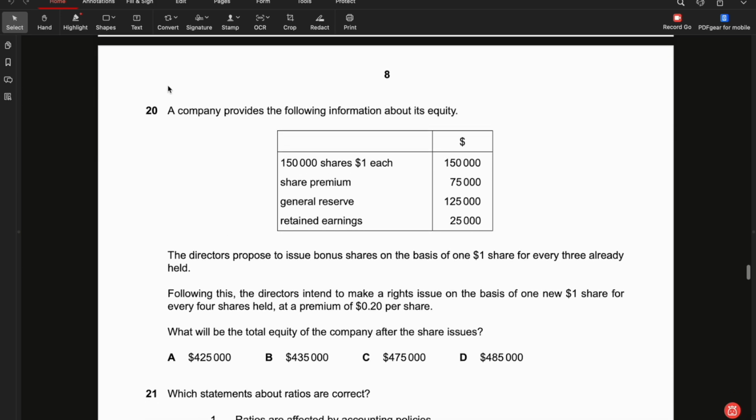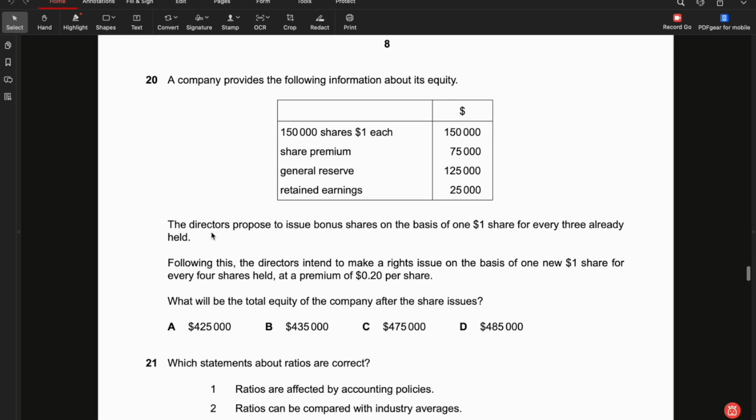And the last question for today. A company provided the following information about its equity: 150,000 shares of $1 each, $150,000. Share premium 75,000, general reserve 125,000, and retained earnings 25,000. The director proposed to issue bonus shares on the basis of 1 share for every 3 already held.